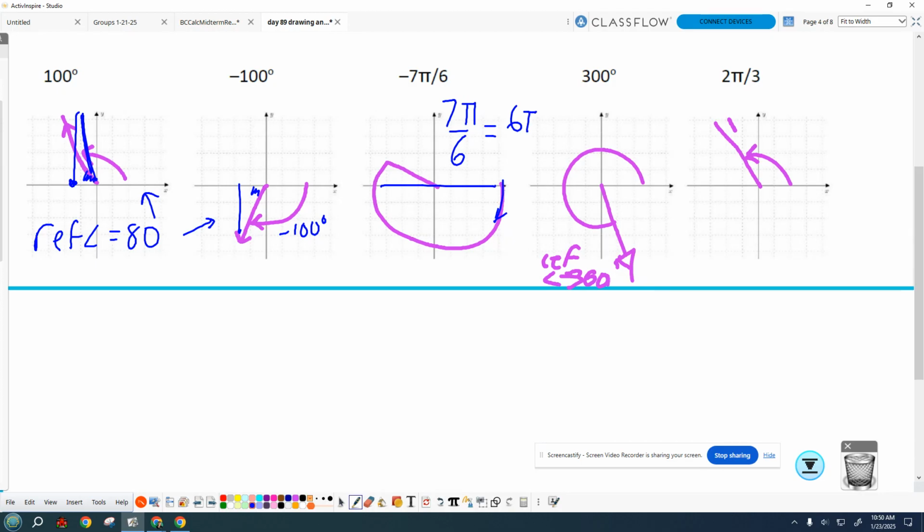It's 6 pi over 6, it's this. How much more is it going over? 1/6 pi. So draw your full pi, and then how much more? 1/6. That's right. What's the reference angle? Pi over 6. Radians rocks. Whatever that denominator is, reference angle, pi over 6. For the 2 pi over 3, reference angle, pi over 3.